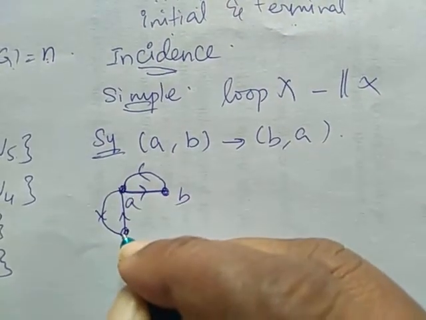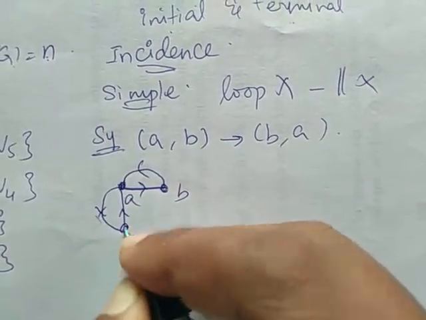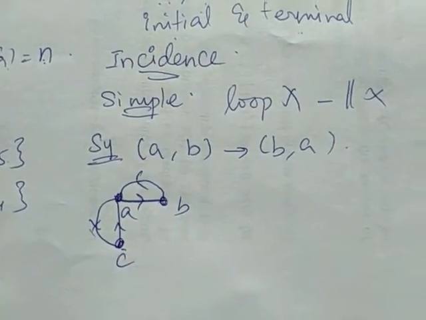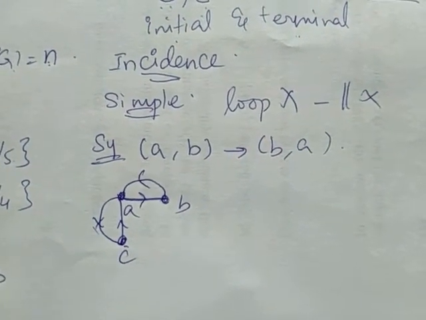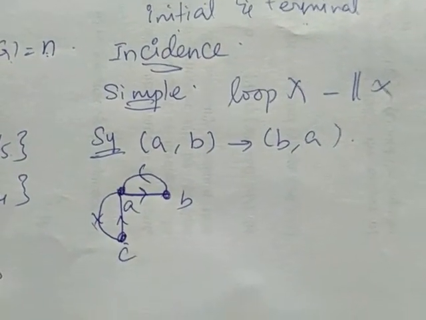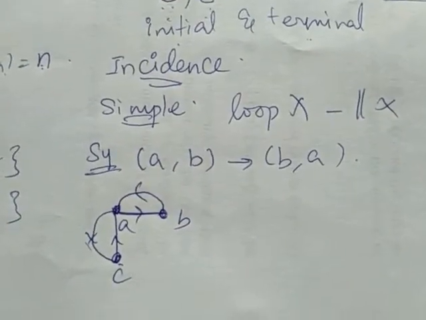For an edge CA, there exists AC. This is an example of a symmetric graph. So in a symmetric digraph, for every edge A comma B, there is also an edge BA. This is our symmetric digraph.